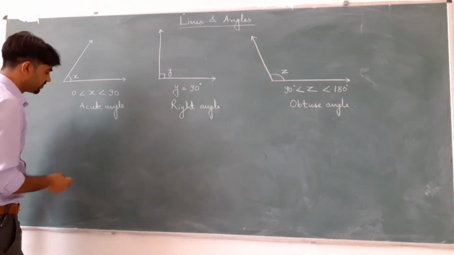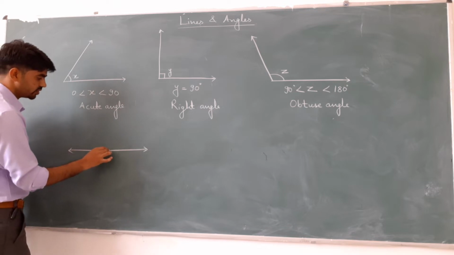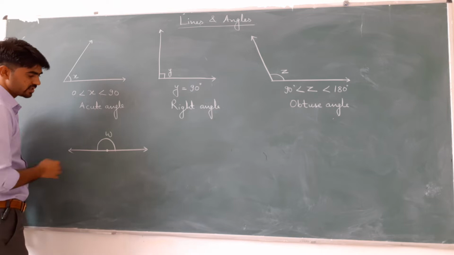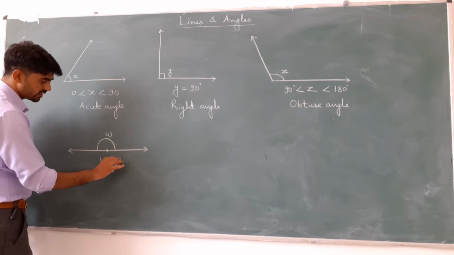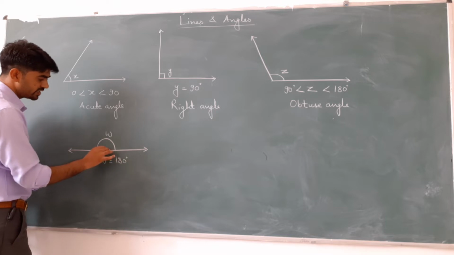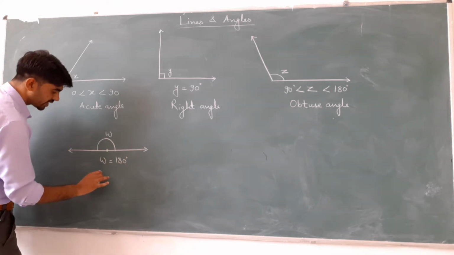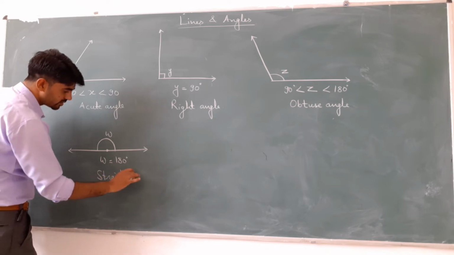Then we can have an angle, let it be W, which is equal to 180 degree. 180 degree means it is making a straight line, so it is called straight angle.